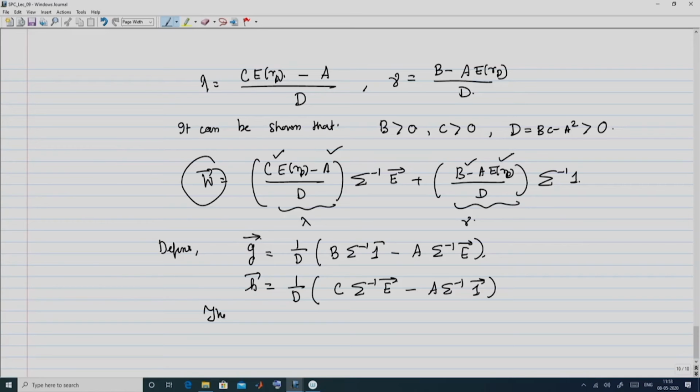So, then this term and this term combined will become G, and this term combined will become H into E of R P, and this is equal to the weight W.